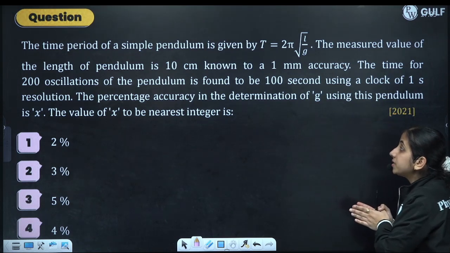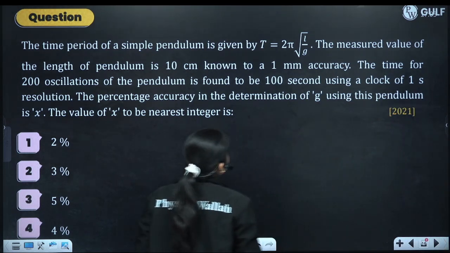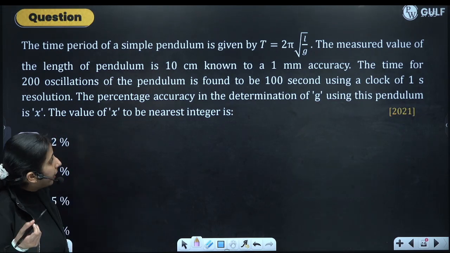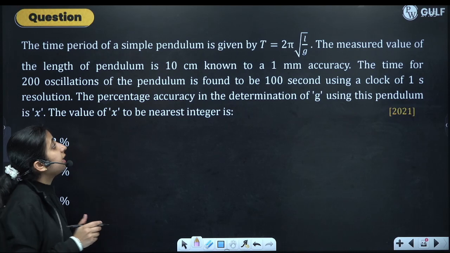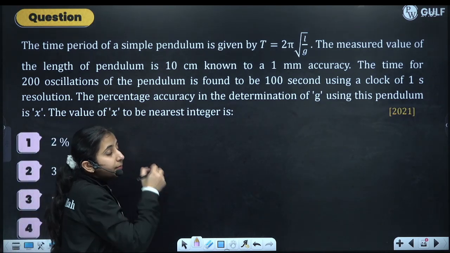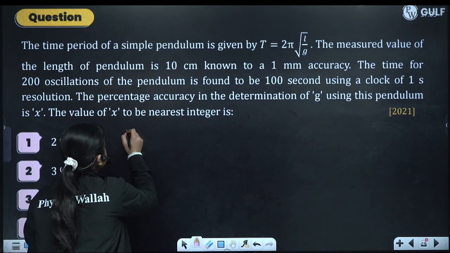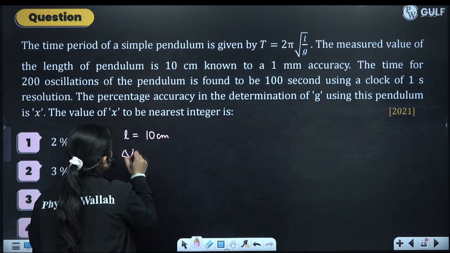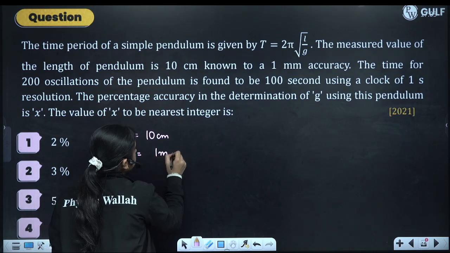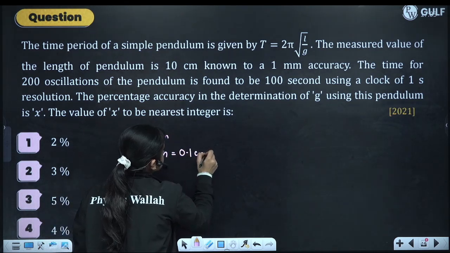The time period of a simple pendulum is given by T is equal to 2 pi under root L by g. The measured value of the length of the pendulum is 10 centimeter, known to a 1 millimeter accuracy. L is given as 10 centimeter, which is known to an accuracy of 1 millimeter, which is 0.1 centimeter.